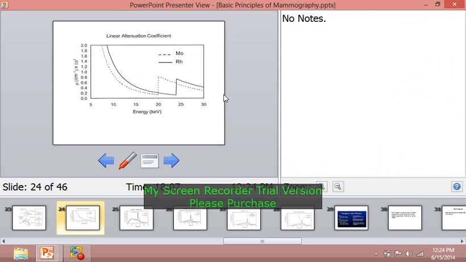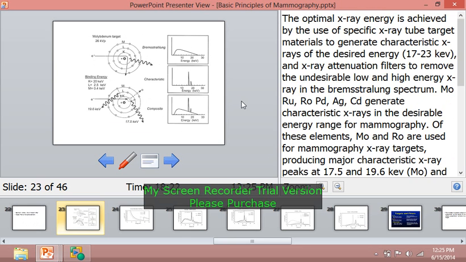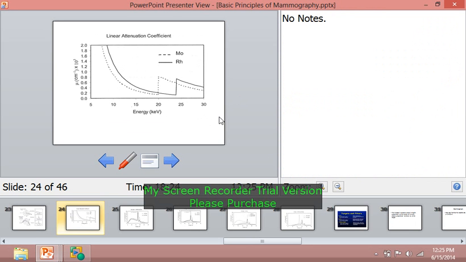So these show how the characteristic energy radiation is produced from molybdenum. Below 17 nothing happens, no X-rays are produced, but suddenly when 17 kiloelectron volt is reached, there is an abrupt change in X-ray intensity.